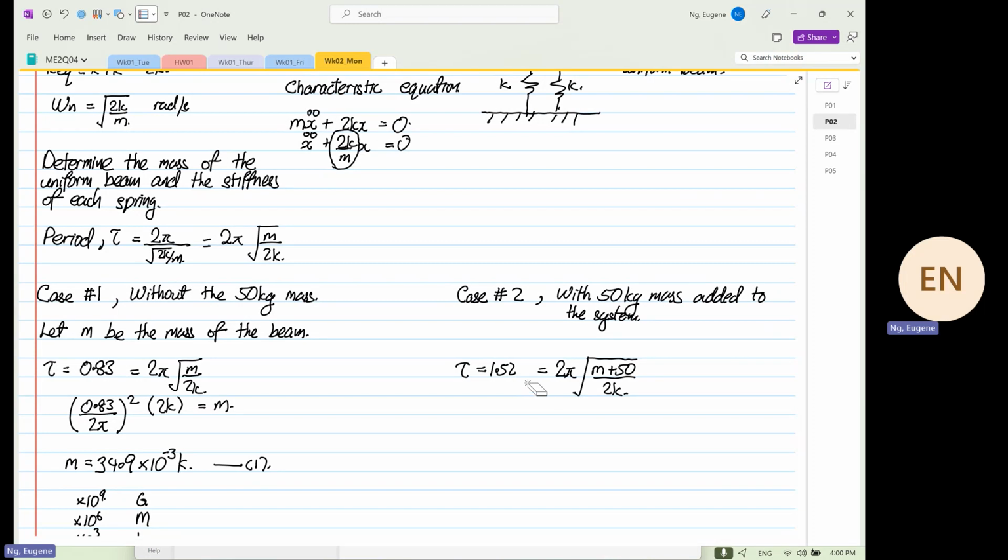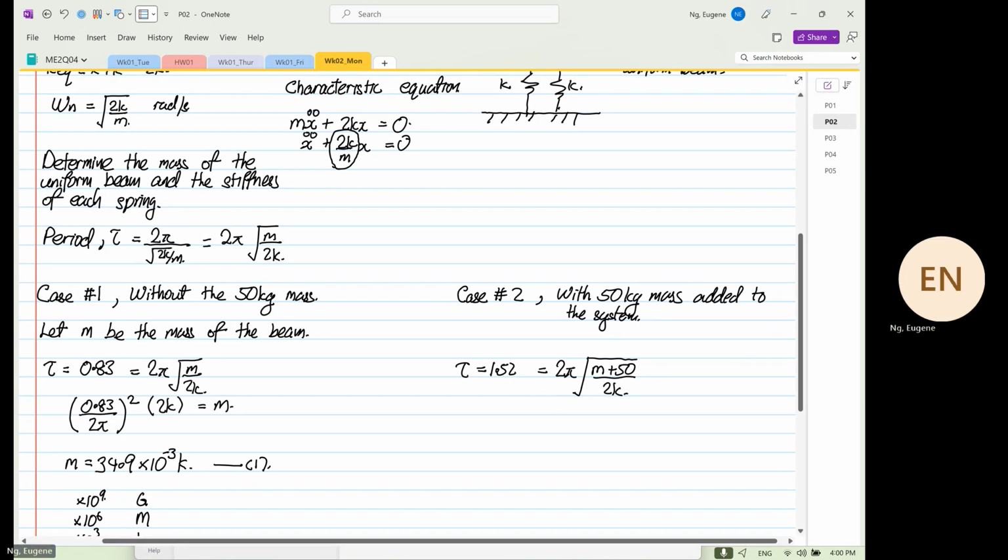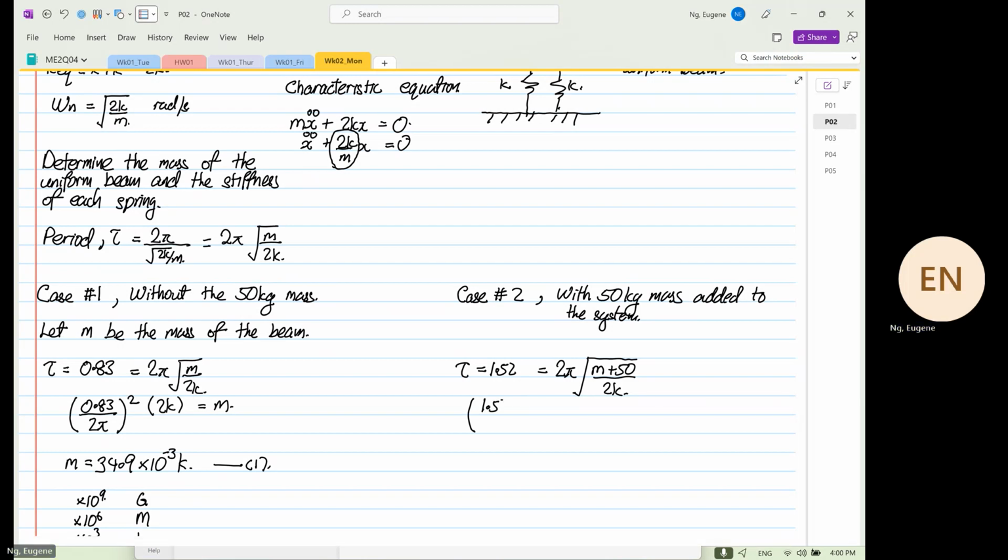I should not put in seconds over here, I do apologize. So over here we will have 1.52 divided by 2 pi, and then the whole thing squared. We are going to multiply by 2k, and this is equal to m plus 50.